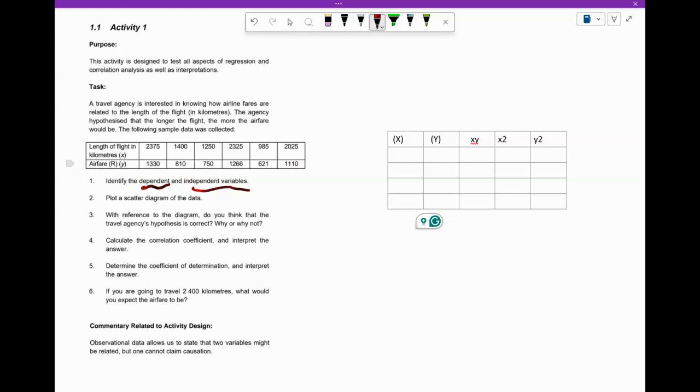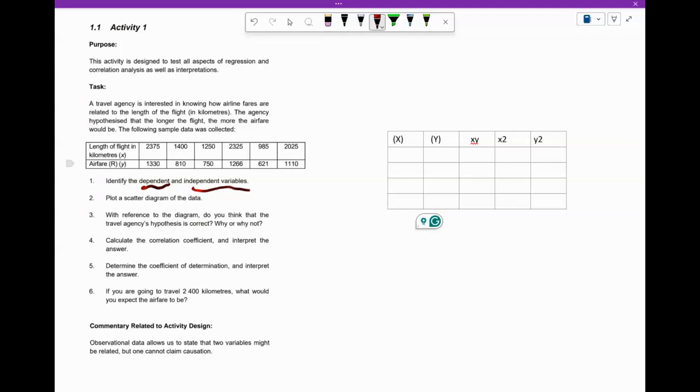Right? So just thinking of it from that perspective, we would then say, okay, that means which one is dependent? Because we said the dependent is the one that is influenced by the independent variable. Airfare would be the dependent. The cost of my flight will be dependent on how far I am going.